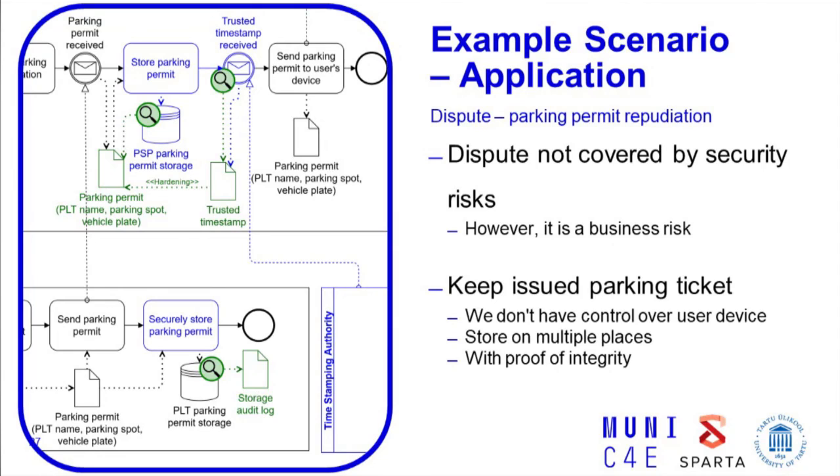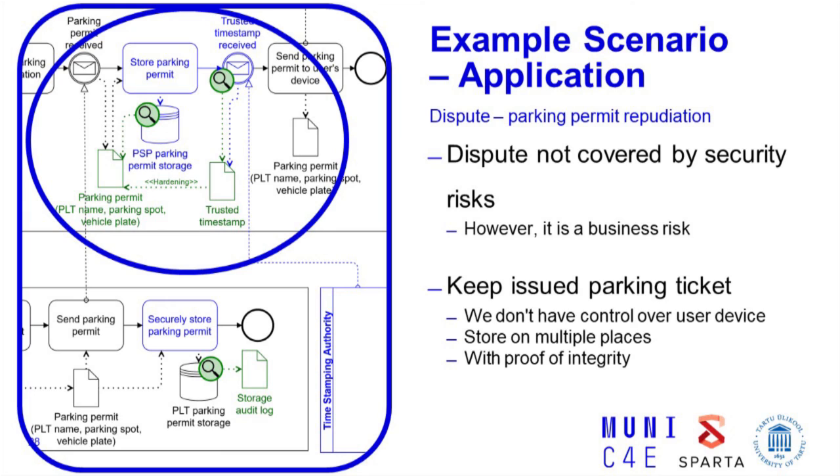And lastly, an example for dispute. The dispute itself is not really covered by security, it's more like a business risk. But still we can model it and we can gather the evidence. This is a little bit tricky because we don't have access to the user device, so we need to have sufficient proof in our system without interacting with the user.